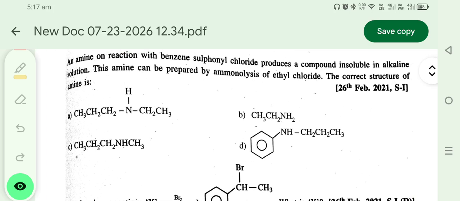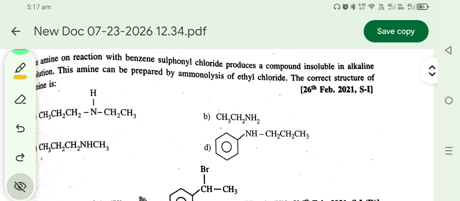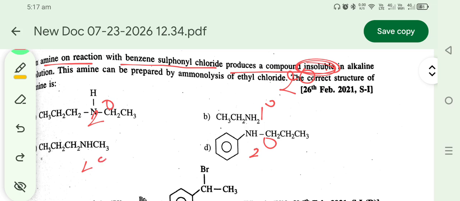An organic compound, an amine, with benzene sulfonyl chloride produces a product insoluble in alkali. Insoluble in alkali indicates that it is a secondary amine.